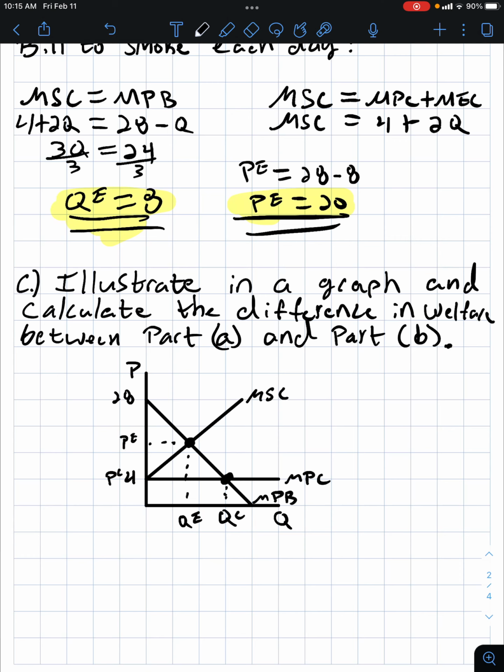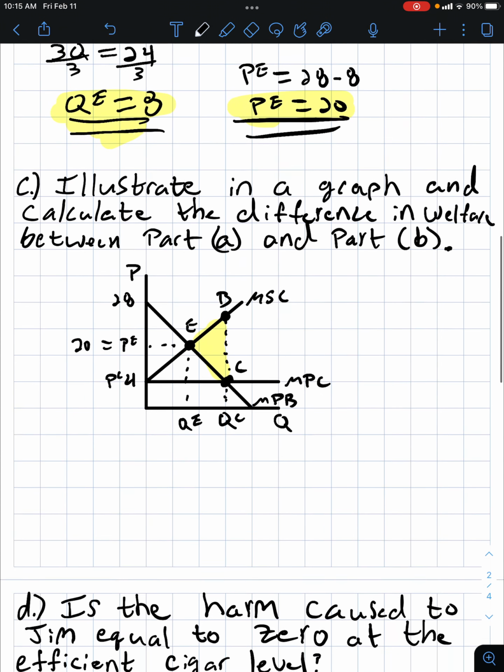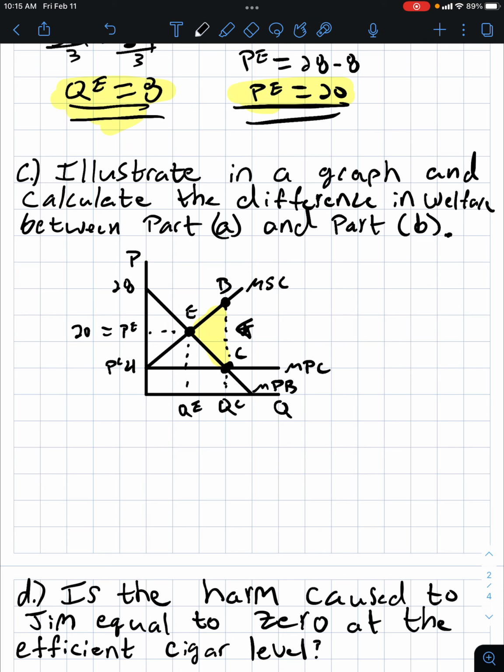So this is QE, and this is PE, which is equal to 20. And from QC, if you draw a vertical line straight up, I just drew a dotted line straight up to marginal social cost, this triangle right here is going to be the change in welfare. We'll label this as CEB.